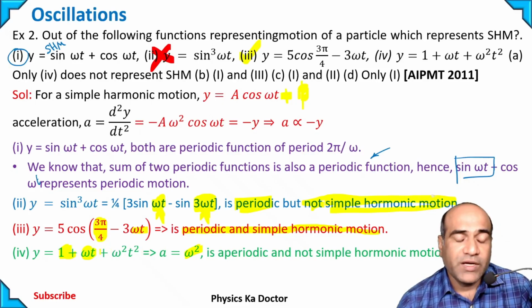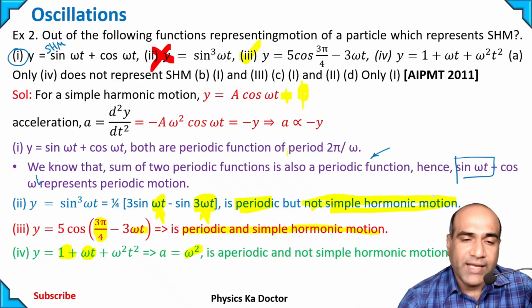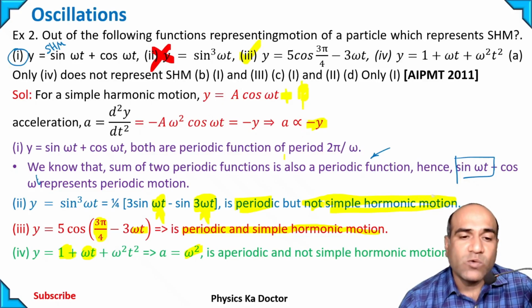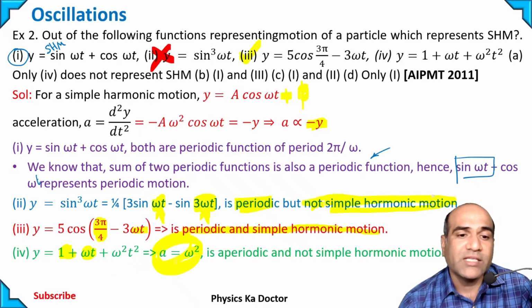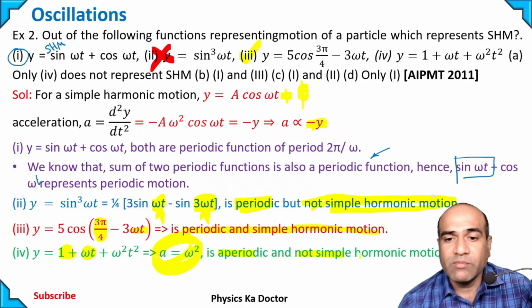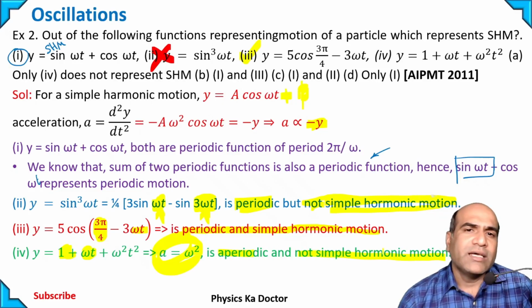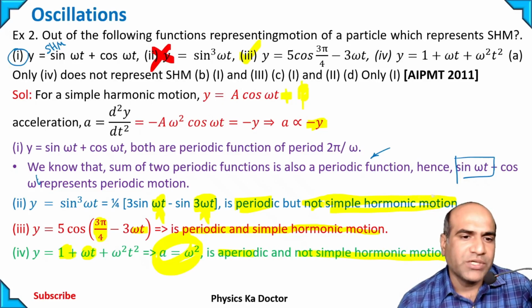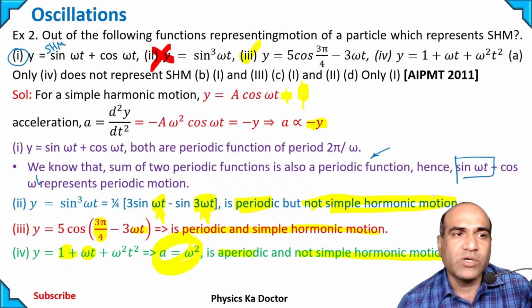If you take the differentiation of this, acceleration is equal to a constant multiple of omega square. But our acceleration should be proportional to minus y. There is no y, y is missing. Therefore, it is not periodic as well as not a simple harmonic motion. The motion is not having any acceleration which depends on y.